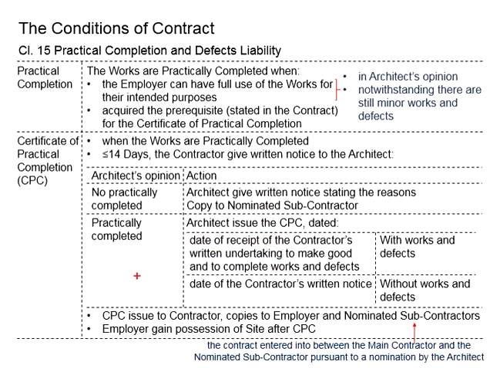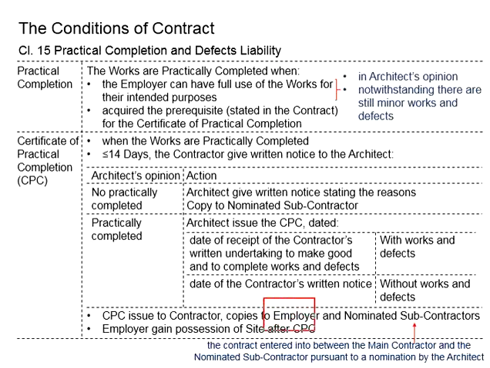When the architect issues the CPC to the contractor, he will need to submit a copy to the employer and also the nominated subcontractor. That means all the parties involved should be made aware of the state of the project which has already been practically completed.